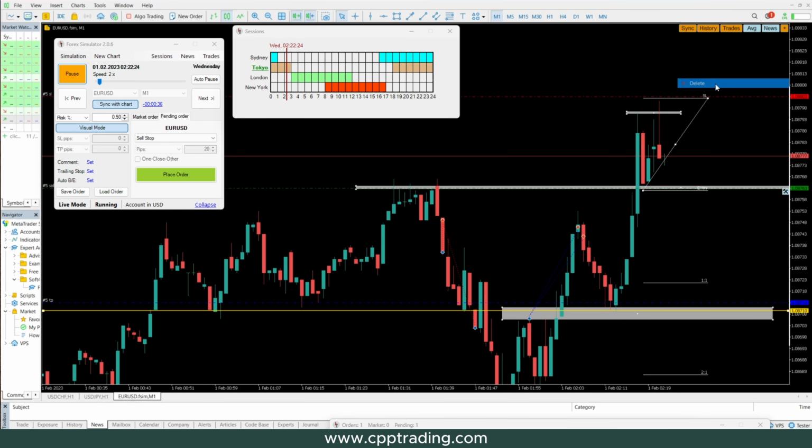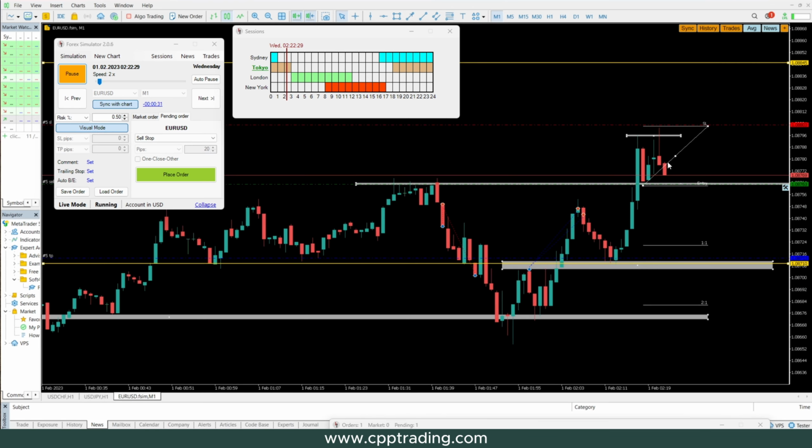This is no longer valid because price is rejecting. Unless there is going to be a consolidation, a few moves up and down, maybe a range to form, then this would be different.